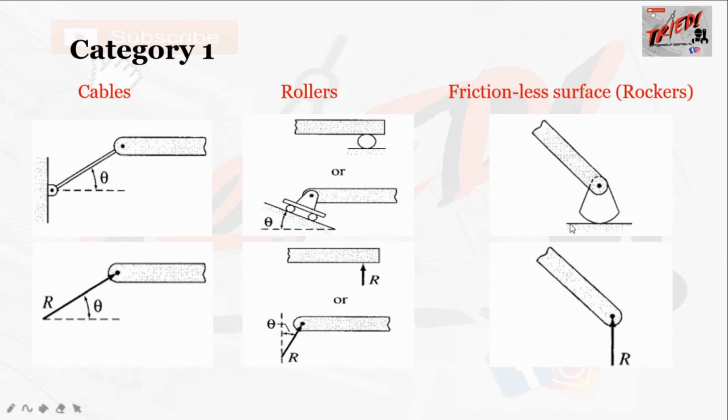This is our surface, and this will be our reacting force, perpendicular to the surface. So for rollers and frictionless surfaces, we need to keep in mind that the reacting force is always perpendicular to the surface. We conclude that in the first category, which is the cables, rollers, and frictionless surfaces, we only have one unknown reacting force.